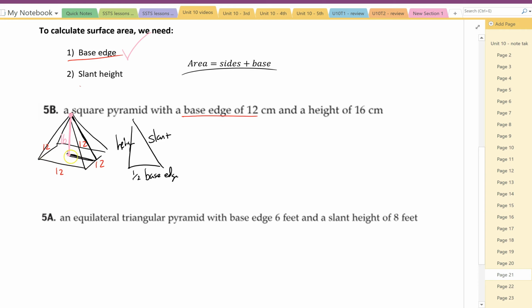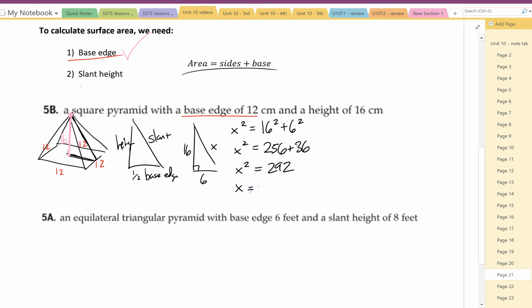If I just want to get to the middle of the square, it'd just be half of that. So if I wanted to redraw this triangle, this would be 16, this would be half of 12, so 6, and this would be the slant height. Use the Pythagorean theorem to figure out what x is. I'm going to have 16 squared plus 6 squared. So x squared is going to be equal to 256 plus 36, which would be 292. And now I need the square root of both sides.